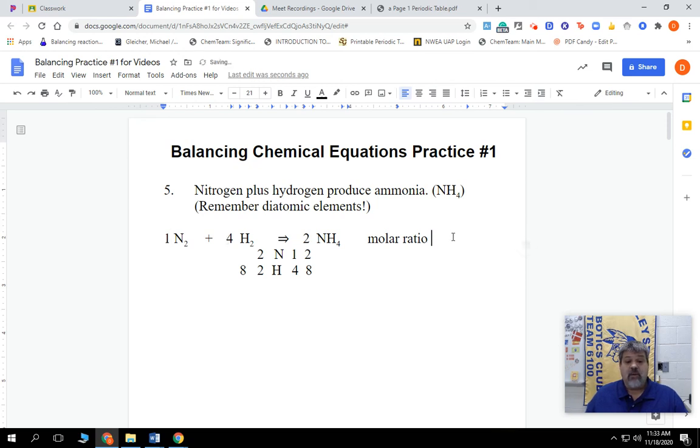That would be my molar ratio, 1 to 4 to 2. I always ask the question, can I reduce this? I cannot, because I have a 1, that's as low as it's going to be. So we're going to bold it and highlight it. And there we go, there's our molar ratio for nitrogen plus hydrogen producing ammonia.